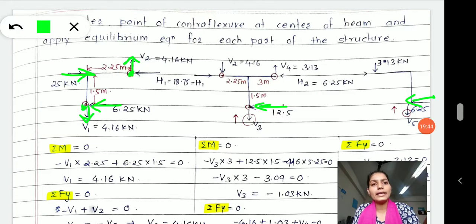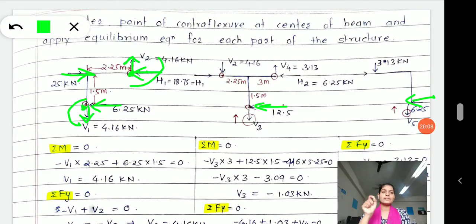So accordingly I have considered the horizontal forces both moving towards the left-hand side, and the vertical forces: at this place I have shown it acting downward, whereas at this place I have shown it acting upward. Now I insist that you assume your initial forces in the same direction.